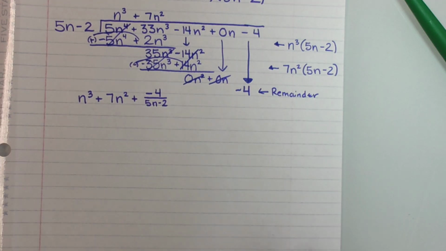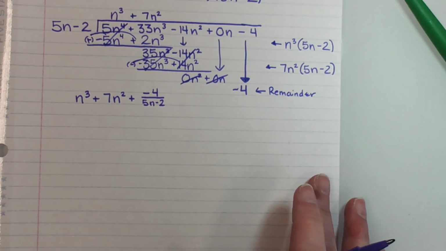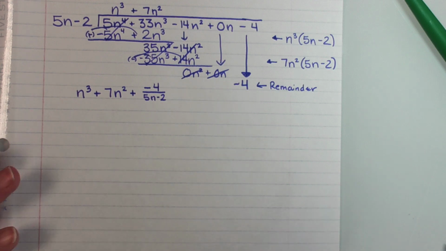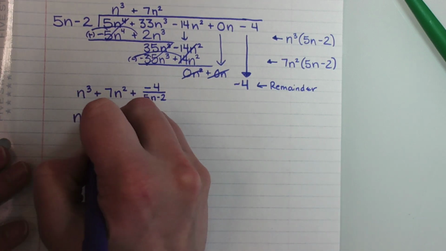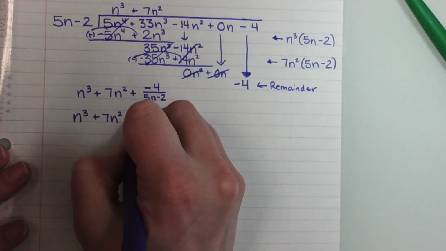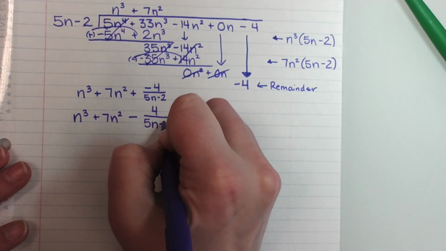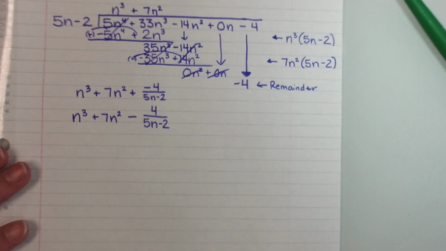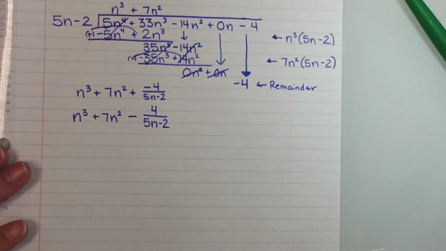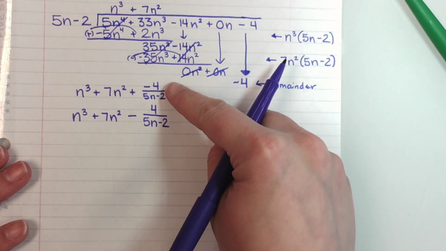N cubed plus 7n squared plus negative 4 over 5n minus 2, or more traditionally, n cubed plus 7n squared minus 4 over 5n minus 2. If it's negative, they generally put the negative out front. I don't care if you leave it like that. This is more traditional.